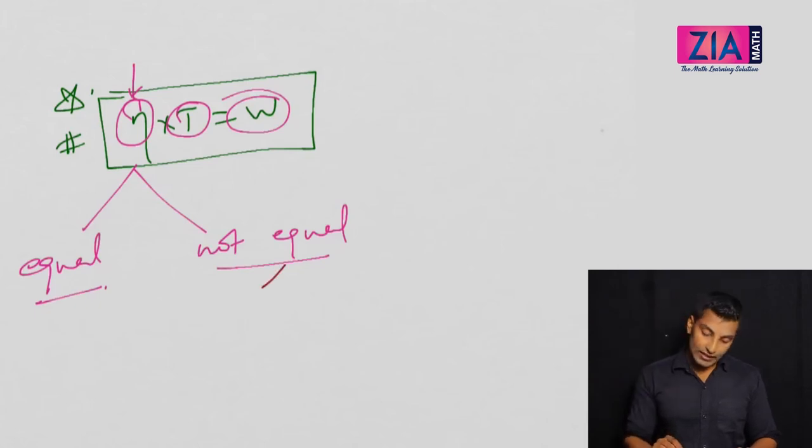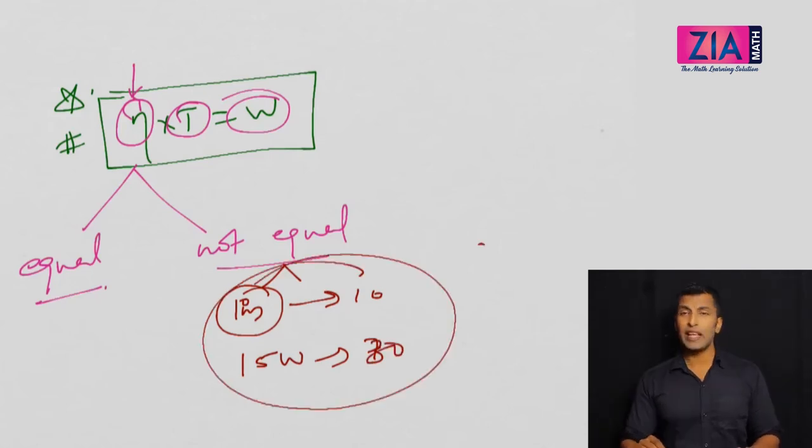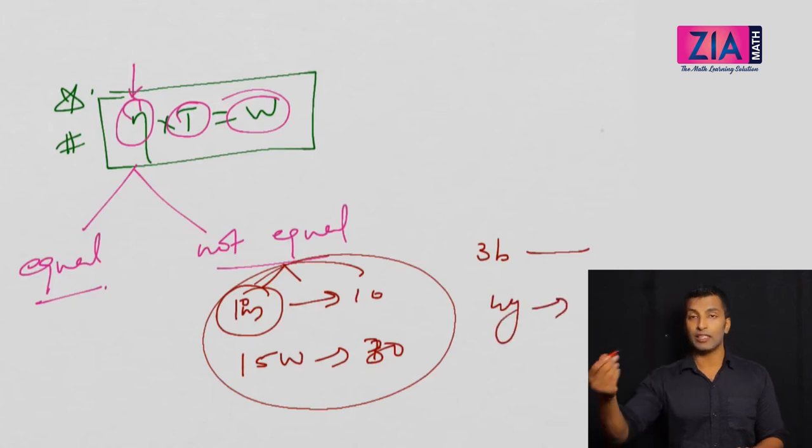Now when I say efficiencies are different, what does that mean? One man can finish the work in 10 days, and one woman, or the question will be, 10 men can finish the work in 10 days, 15 women can finish the work in 30 days. Or 3 boys can finish the work in this many days, 4 girls can finish the work in this many days.